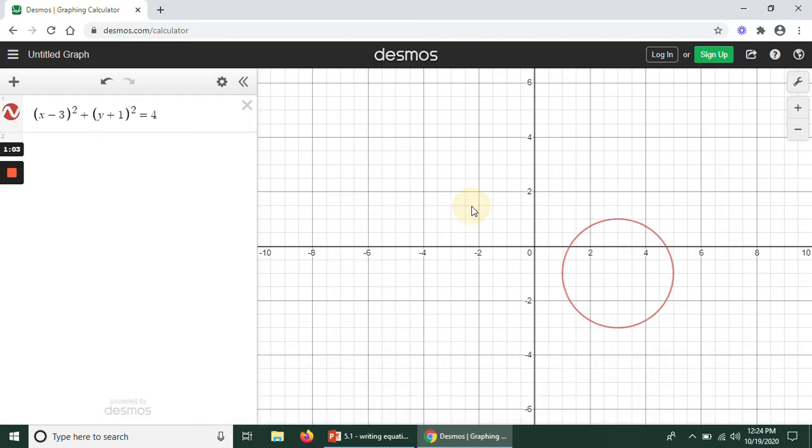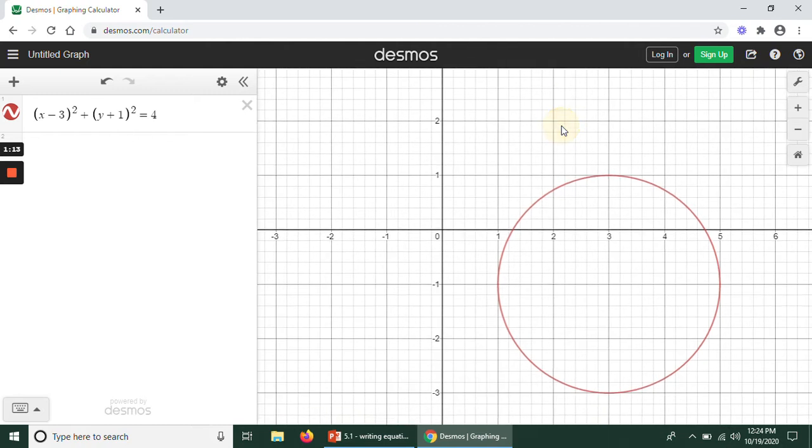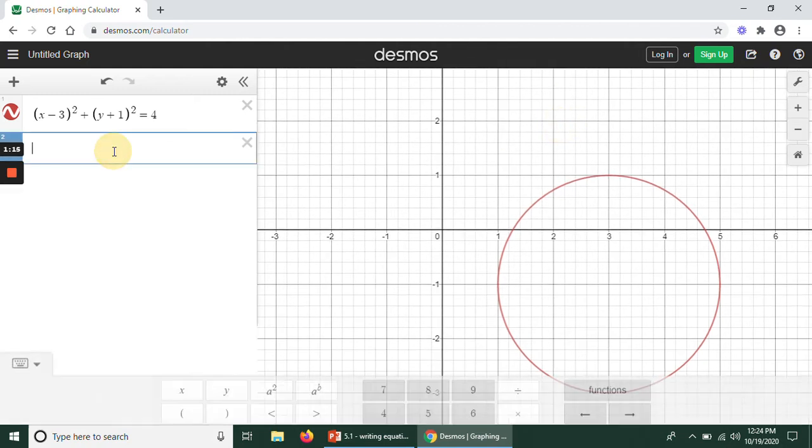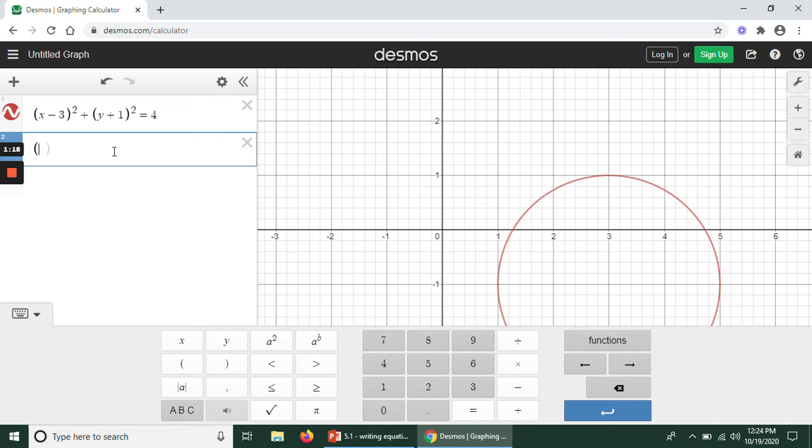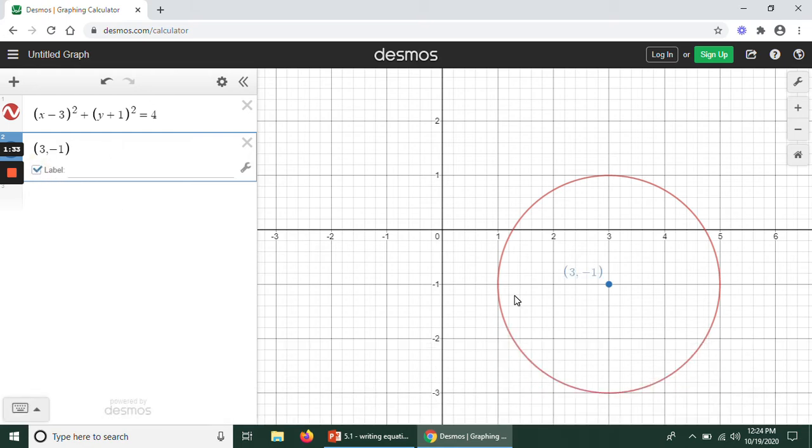Alright, as you can see, we have a circle. Our circle is in the color red. I'm going to show you where the center of the circle is. Notice where our center of the circle is.